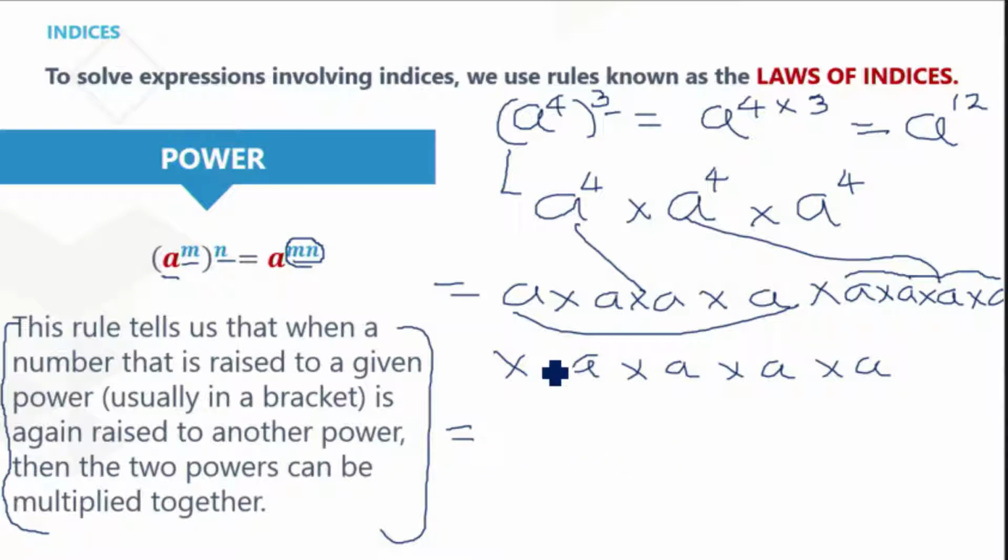And then how many times? Let's count. 1, 2, 3, 4, 5, 6, 7, 8, 9, 10, 11, and 12. So we have the number a multiplied repeatedly by itself up to 12 times.